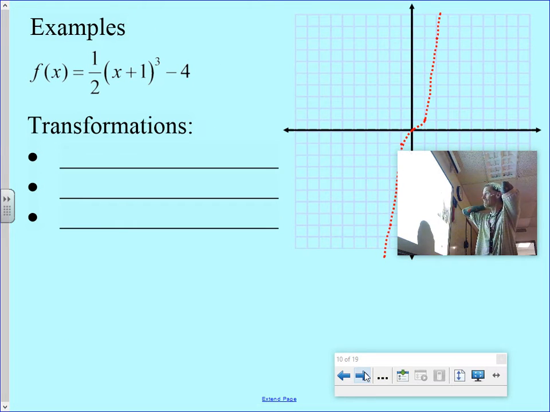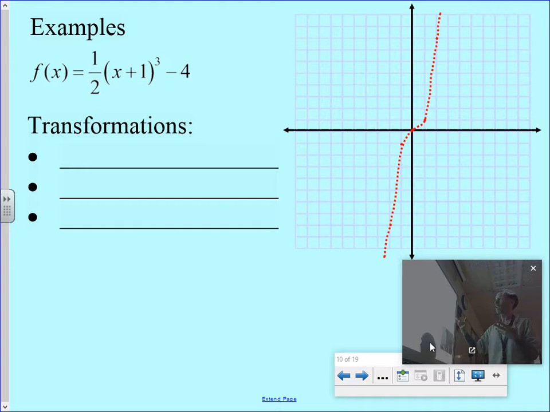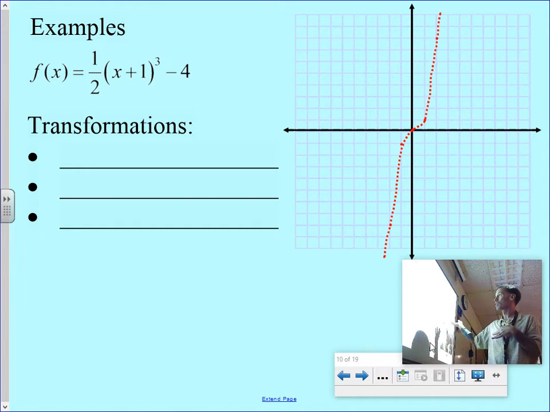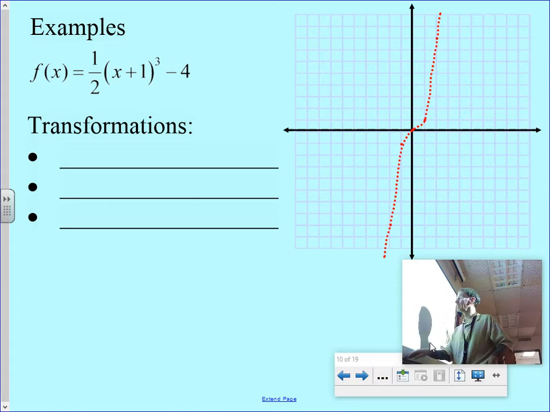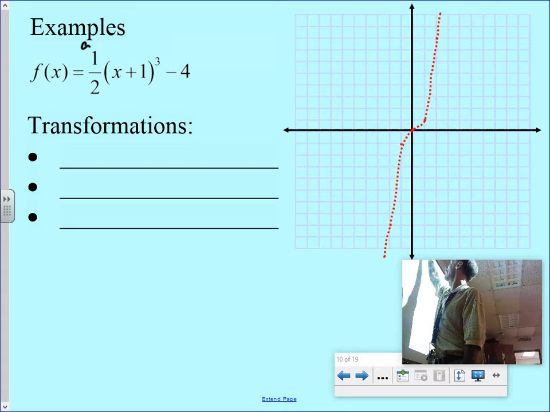So the first thing, if I see a graph, if I see an equation, I should say, we can list the transformations. We can talk about what the parent function looks like, and then do a sketch of what the new function is going to look like. Okay. So in this case, again, we just look and see what we have. So here's my A value.